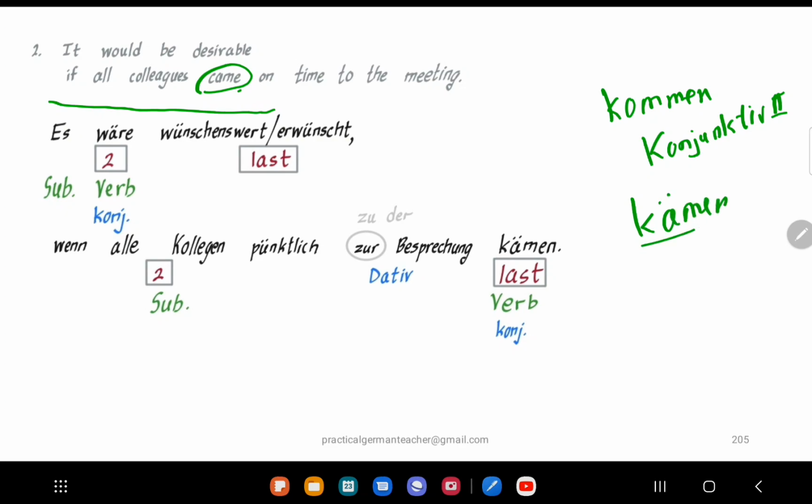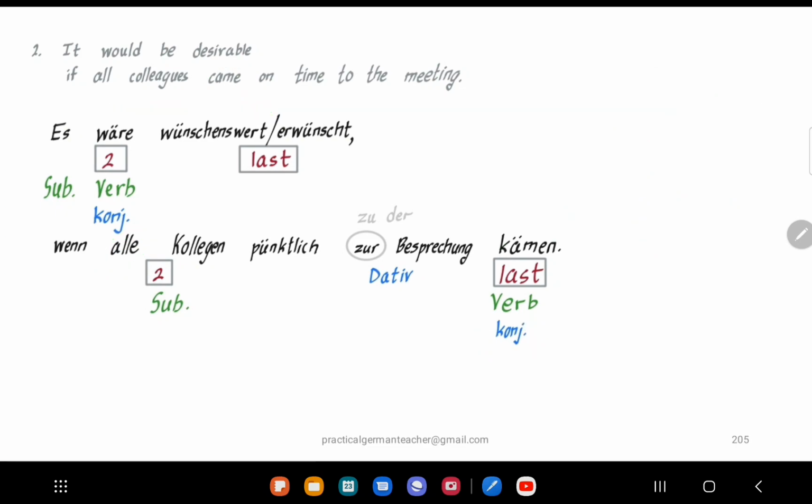Just trying to tell you, almost every verb has a Konjunktiv II. Notice, it has been conjugated. It does not look conjugated because you are using alle, and alle is third person plural, and for that you use the verb in its infinitive form. That means the conjugation looks like the infinitive form.